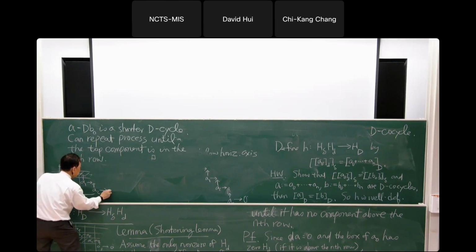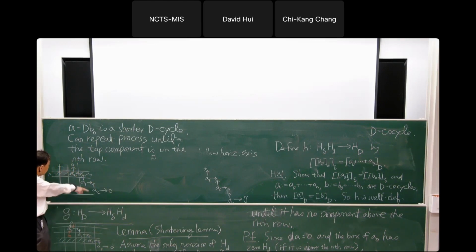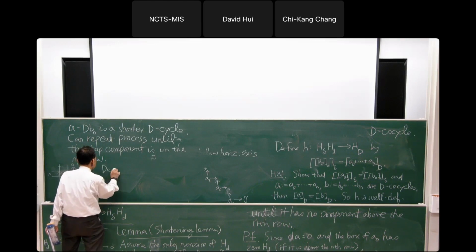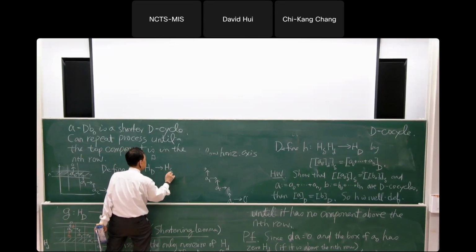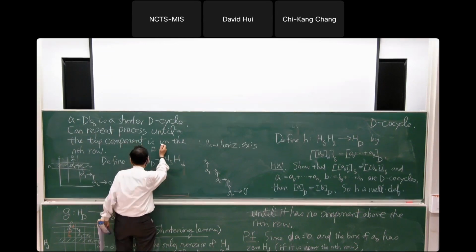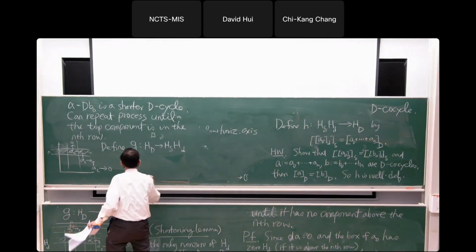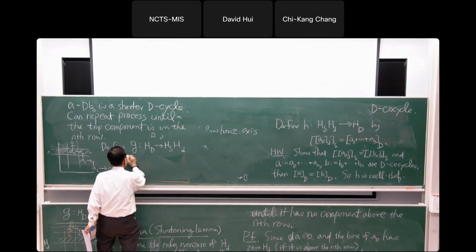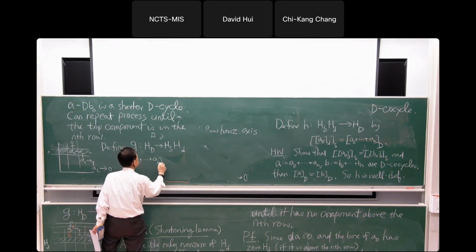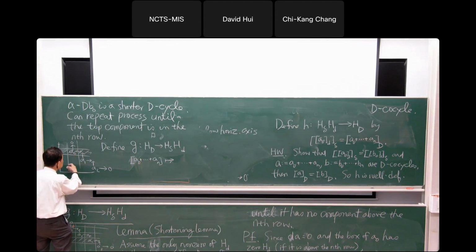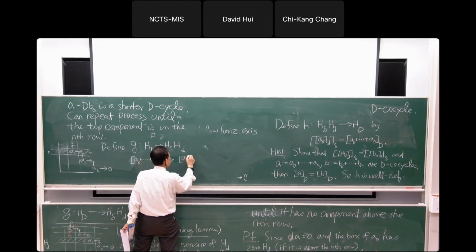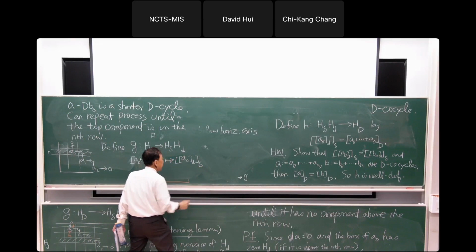You start with a cocycle that looks like this, and then you can define G from HD to H delta HD by just sending A0 plus dot dot dot AN to, because you have this zigzag, you know that the delta D class of A0 is defined.